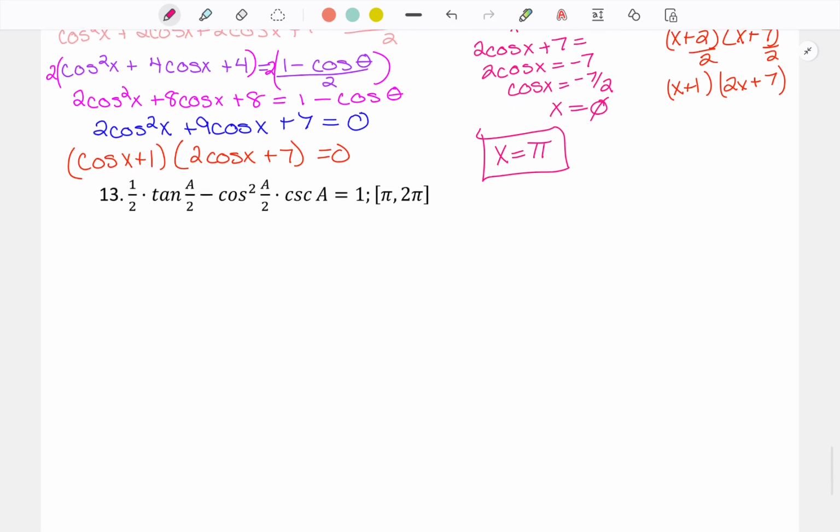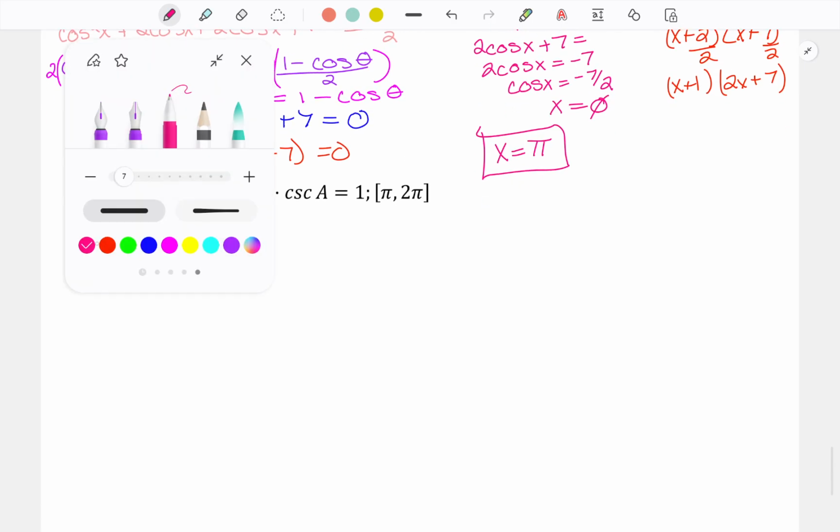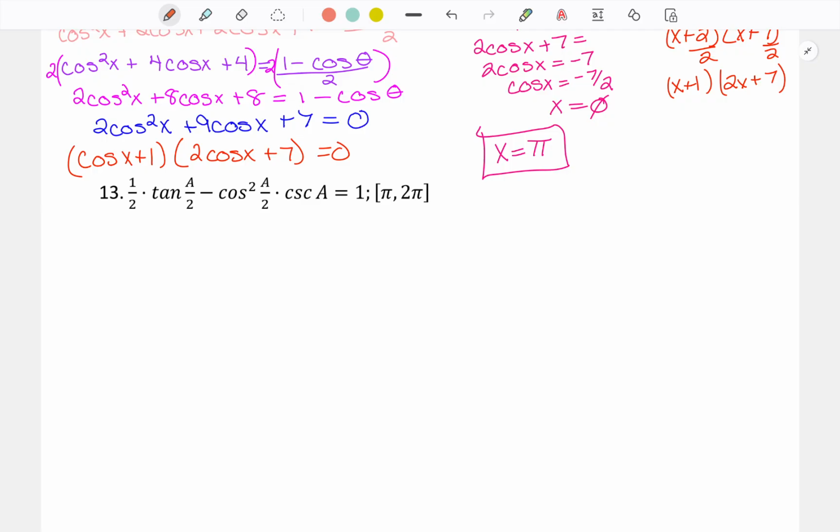All right, last question. We have number 13. And so this is another half angle identity. What I see is we've got a half angle identity that's already squared for cosine. So we don't have to worry about squaring the entire thing because that is already squared.